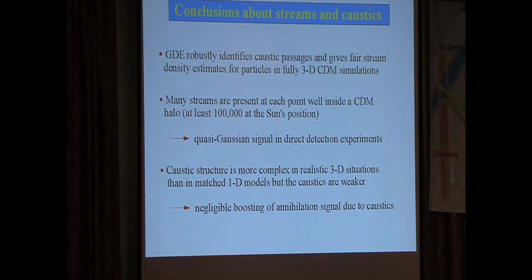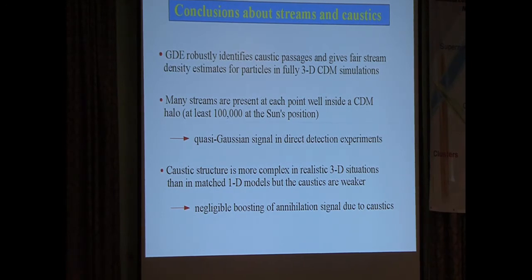When you do this, you find this works, and you find well inside a cold dark matter halo, you predict very large numbers of streams at any point when you look at the full three-dimensional evolution, at least 100,000 or so at the sun's position. And that's why the velocity distribution in the simulation looks smooth at the sun's position, because there's just so many sheets crossing. So that's why we get the quasi-Gaussian signal.